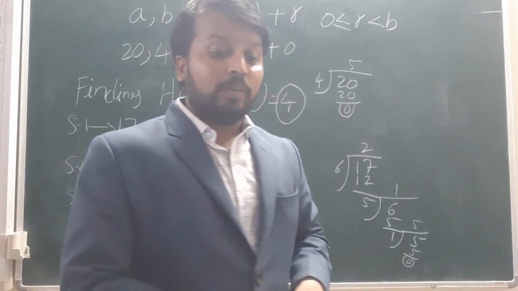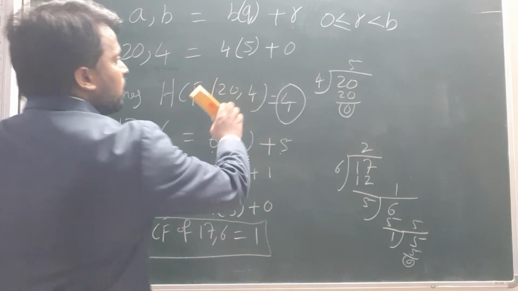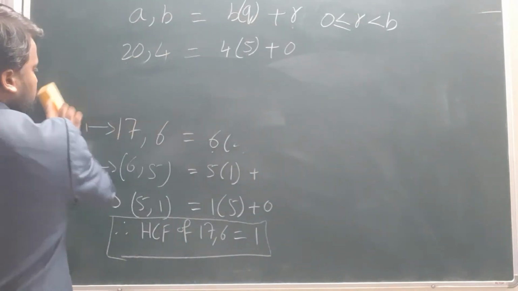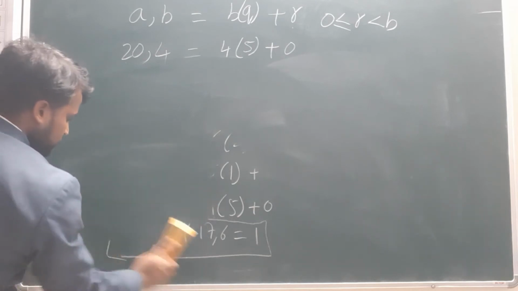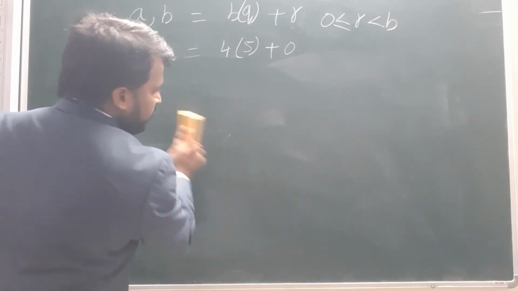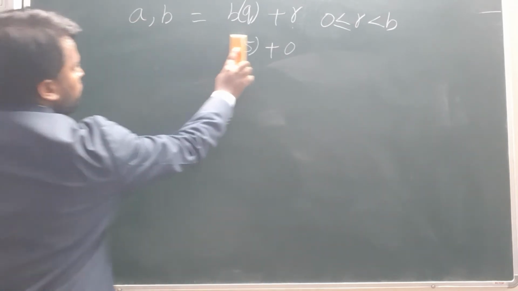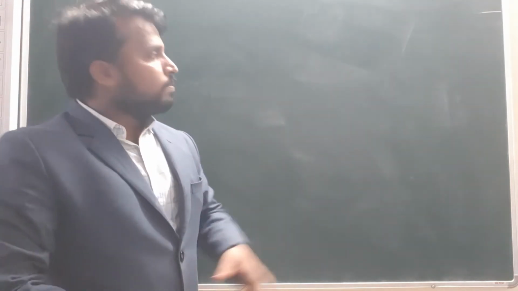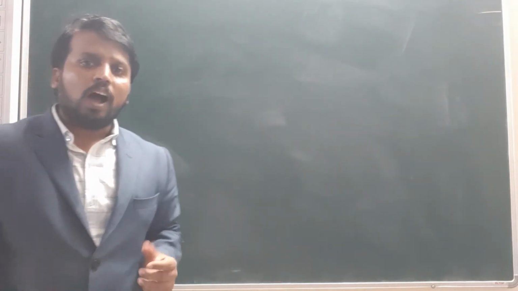Okay, the Euclid division algorithm, I am showing you an image. Look at this image. This is the flow chart for the Euclid division algorithm. Are you all observing? See here, it totally depends on the R value.